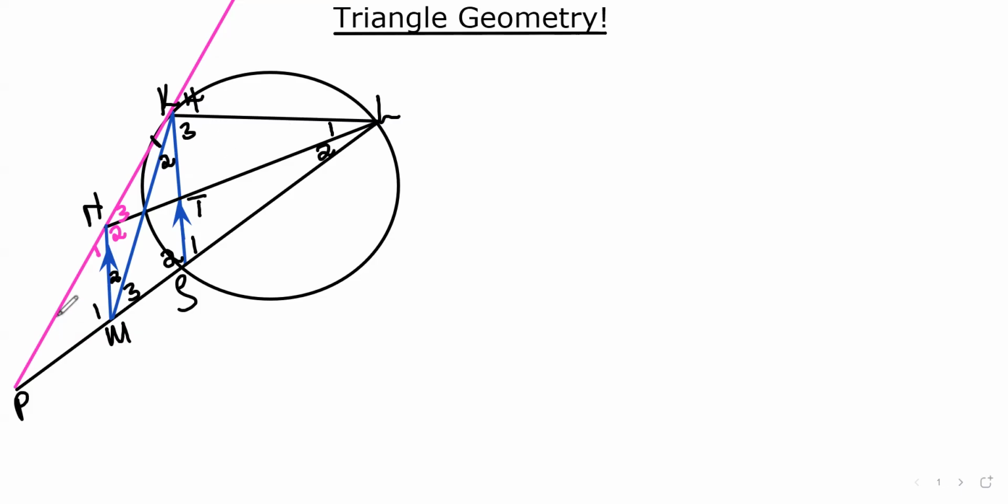So the first thing we can see here is the pink line is a tangent to this circle at the point K. And you know that we quickly run to the tan chord theorem. We say the angle between a tangent to the circle and a chord is equal to the angle in the alternate segment.